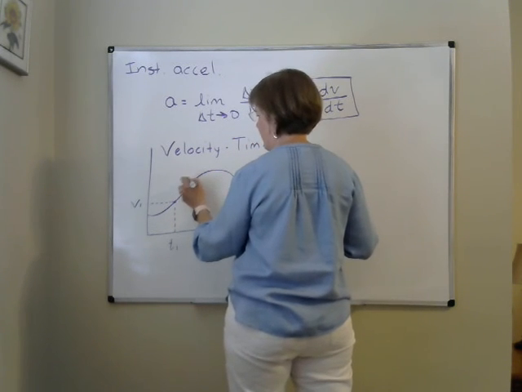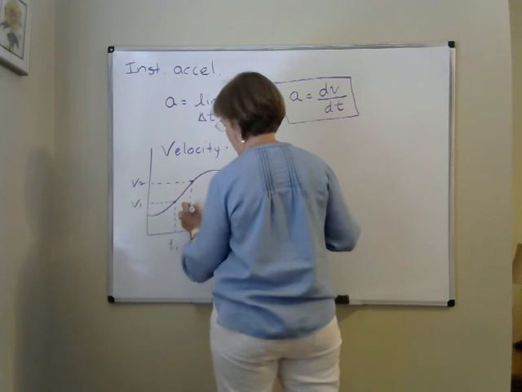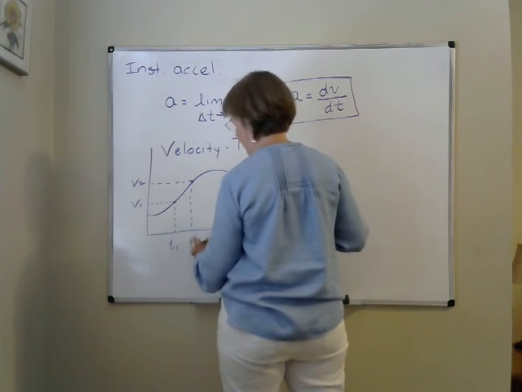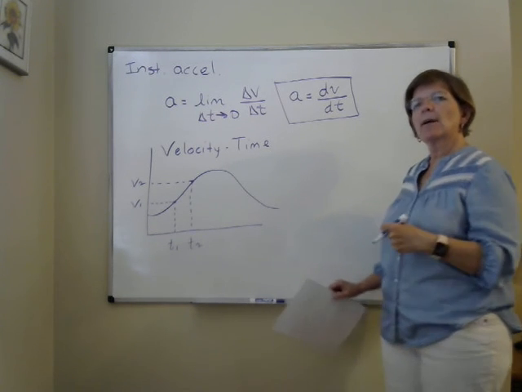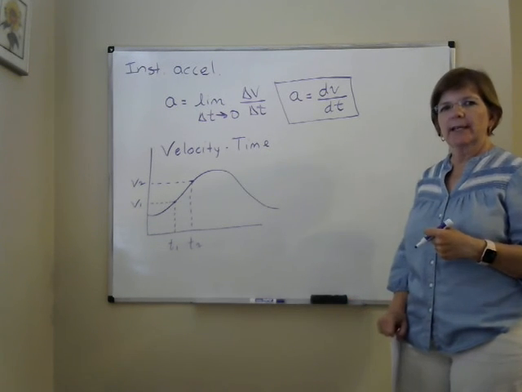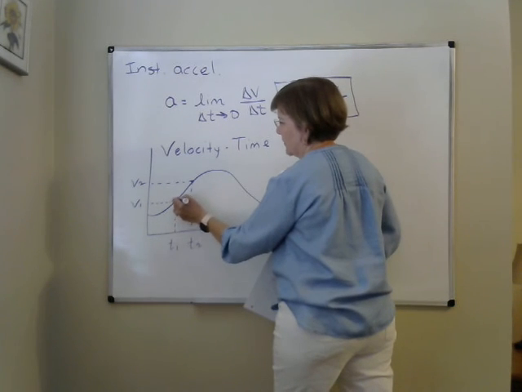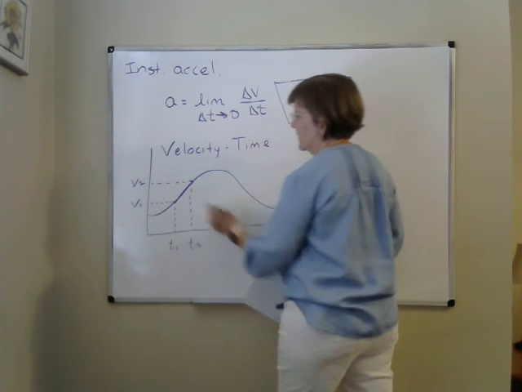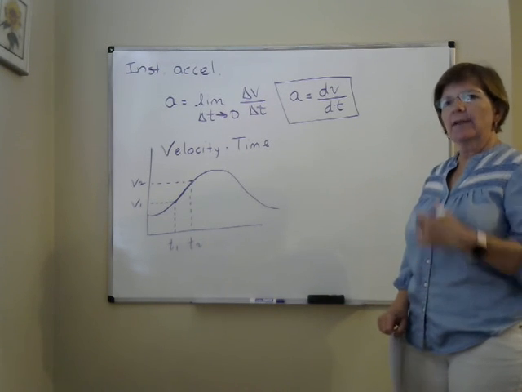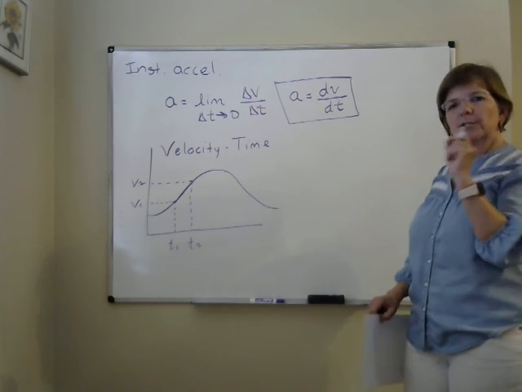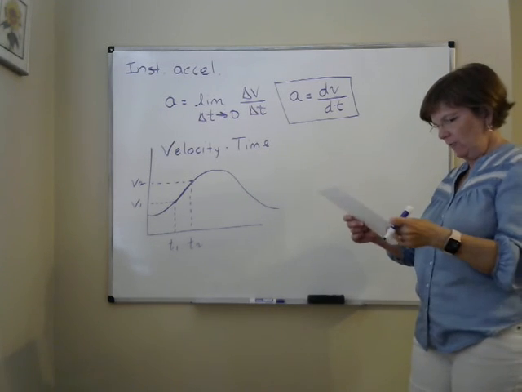Here's a later velocity, here's a later time. The slope of the velocity-time graph gives me the acceleration. If I use two points that are spaced far apart and find the slope between them, that gives me the average acceleration. On the other hand, if I find the slope at a particular point, that gives me the instantaneous acceleration.